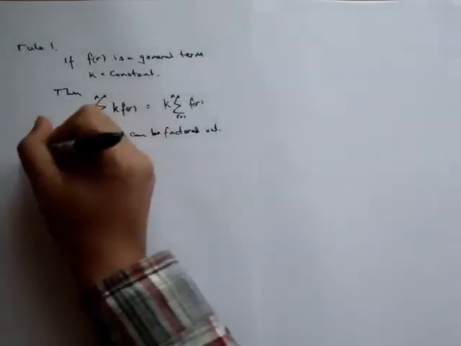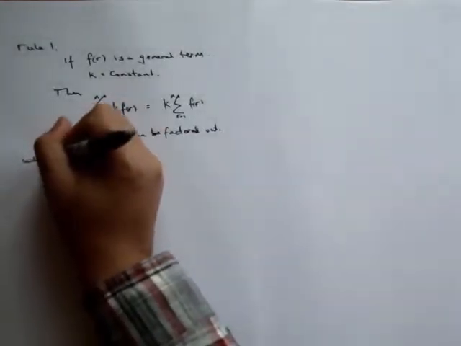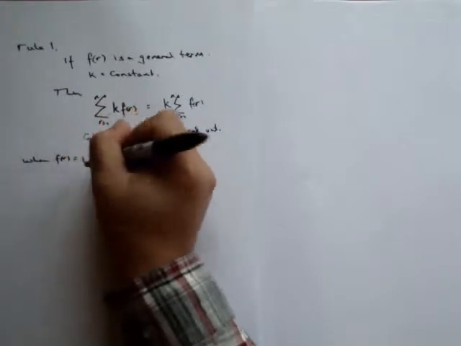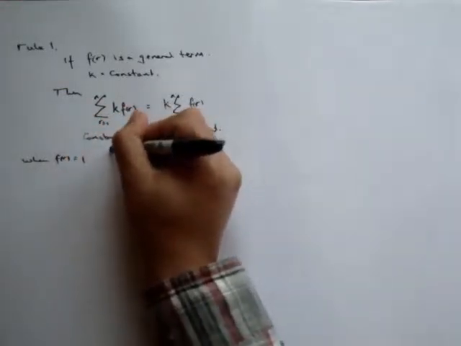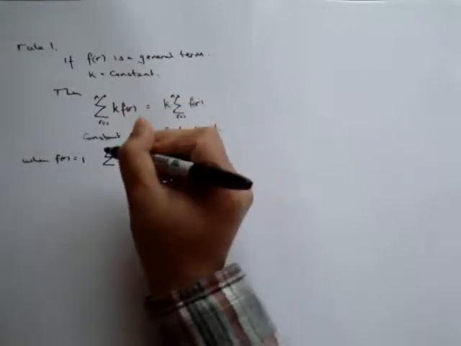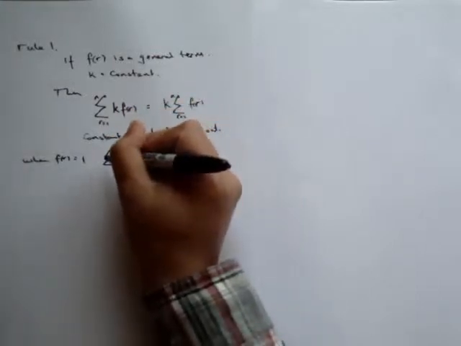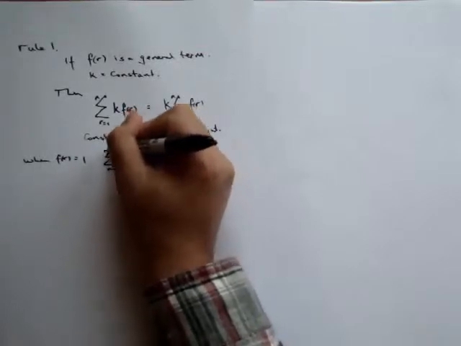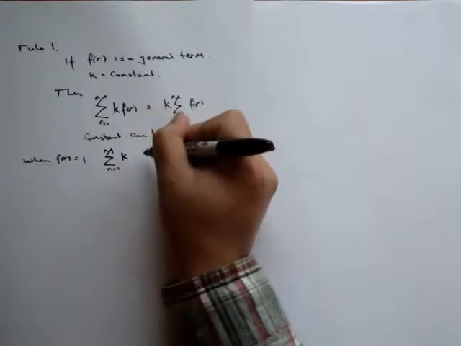When f of r equals 1, then this sigma equals the sum from r equals 1 to n of k.